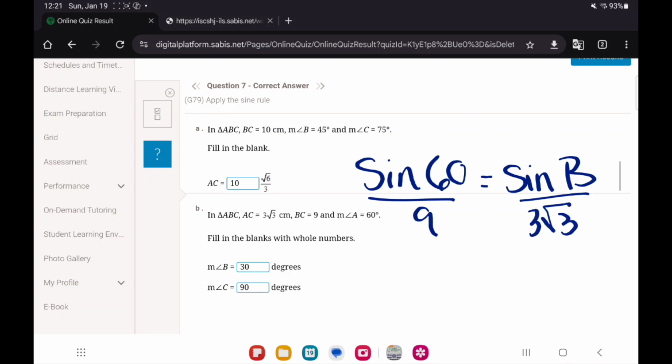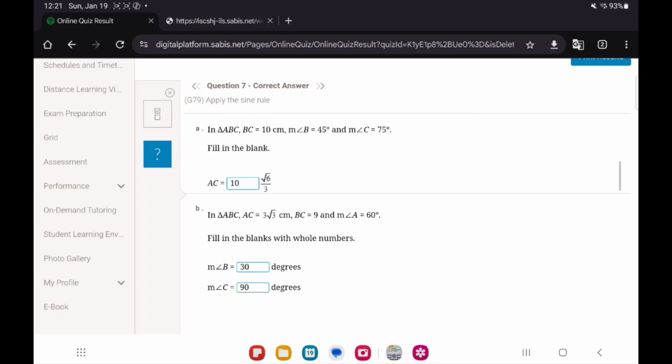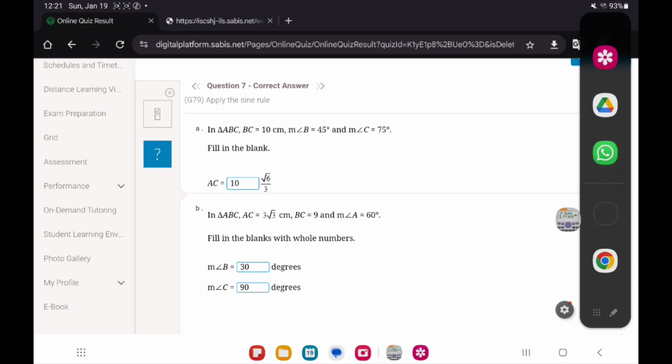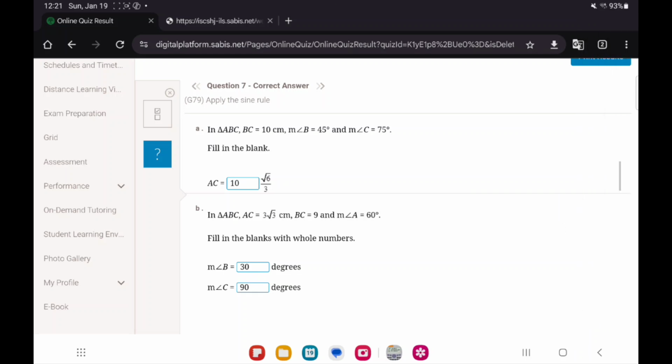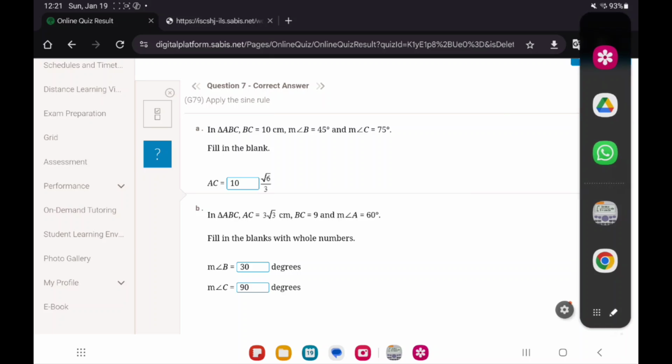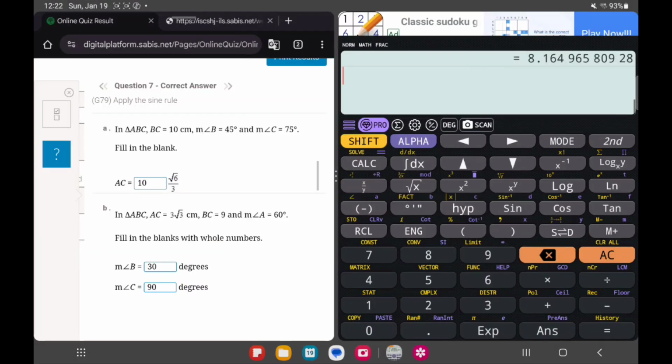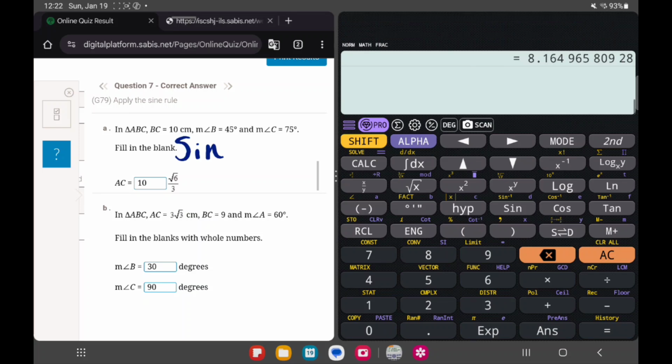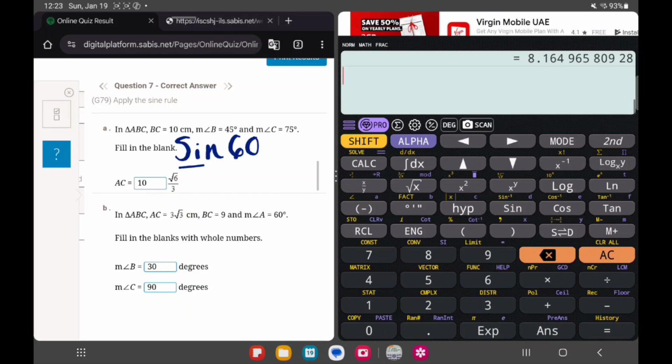Now let's get our calculator, because many people are going to be confused with this question. So we said sine 60 over 9 equals sine B over 3 radical 3. We cross multiply on the calculator.